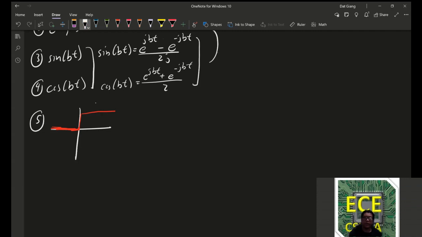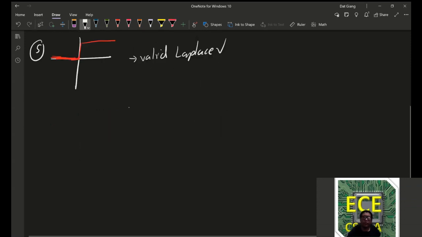Because it's kind of like a constant, it is of exponential order and therefore has a valid Laplace transform. So that's okay.